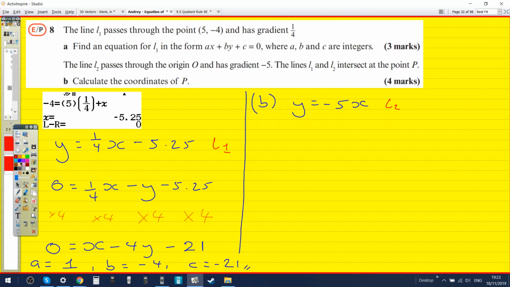Oh, do I need to just make a quarter x minus 5.25 equals minus 5x? Yep. Okay, and then a quarter x minus 5.25 equals minus 5x. And then I need to let my calculator do that, don't I? Yeah. Okay.